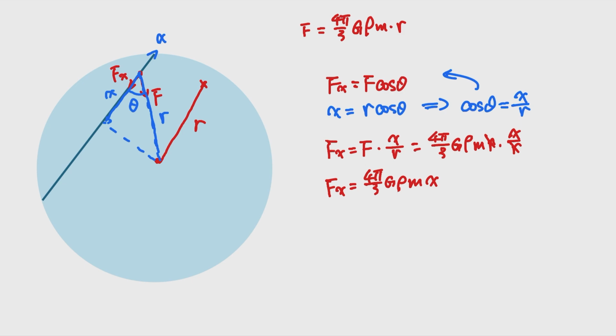Also, the gravitational force here is an attractive force, so it is always going to point in the opposite direction of the displacement. Therefore, it should be negative all the time. So the force equation should be written as Fx equals minus 4 pi over 3 g rho m x.